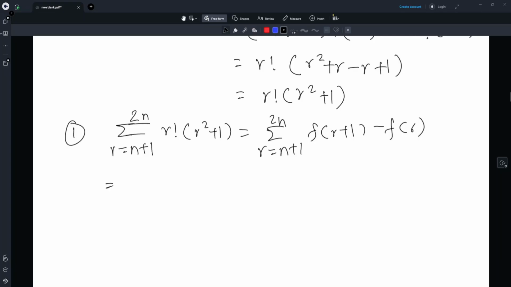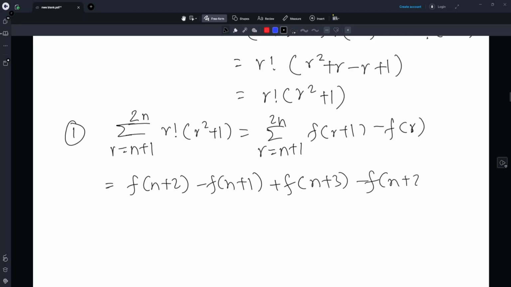F of r plus 1 means we have a f of n plus 2 because it's n plus 1. So we have to start off with n plus 2 minus f of n plus 1 plus f of n plus 3 minus f of n plus 2 plus f of n plus 4 minus f of n plus 3. Two of these will be enough to show what's happening here.